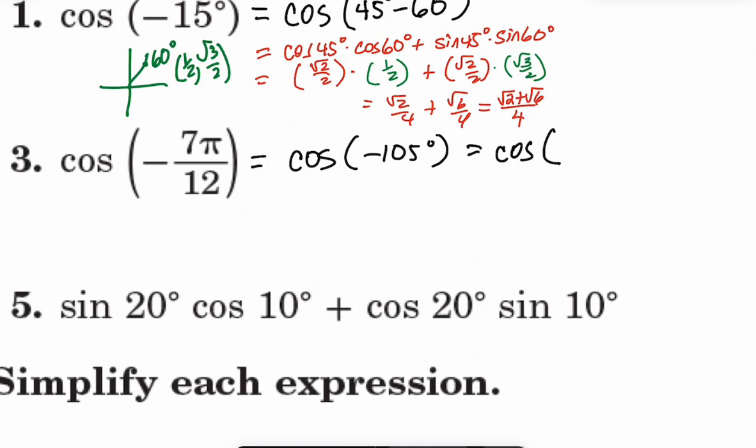Remember our conversion from degrees into radians or vice versa. Just do 7 times 180 divided by 12. 7 times 180 divided by 12 is how I got that. Got to remember that. Pi's are 180, so that's how I did that conversion. Okay, so I'm thinking. So let's go.